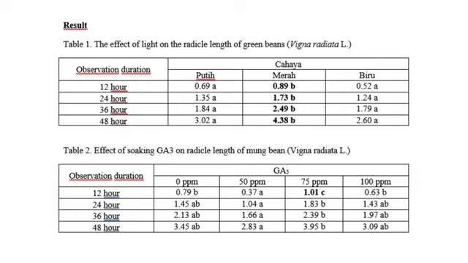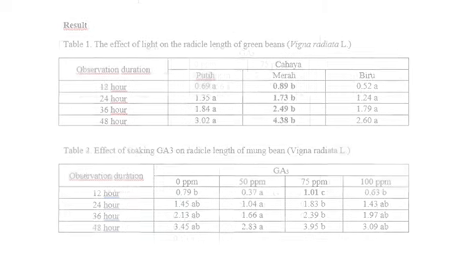Based on the observations, the gibberellin single-factor treatment had a significant effect on the radicle length of mung bean at 12 hours of observation, with the best concentration being 75 ppm, with an average radicle length of 1.01 cm.